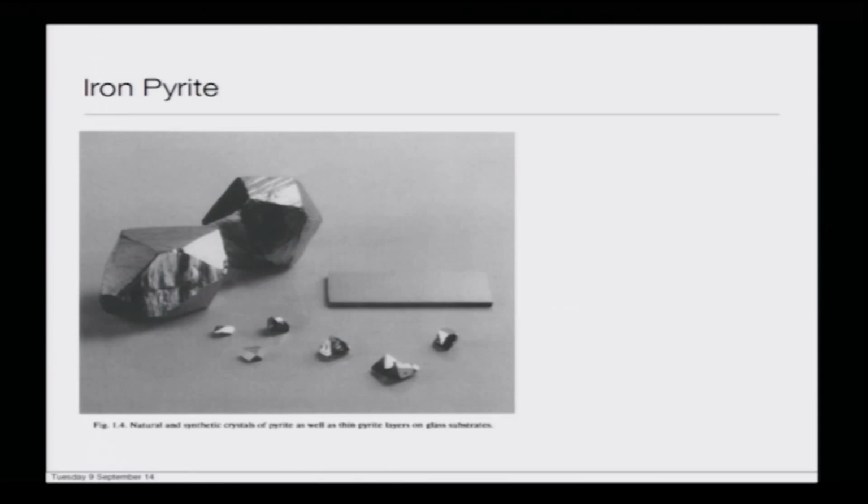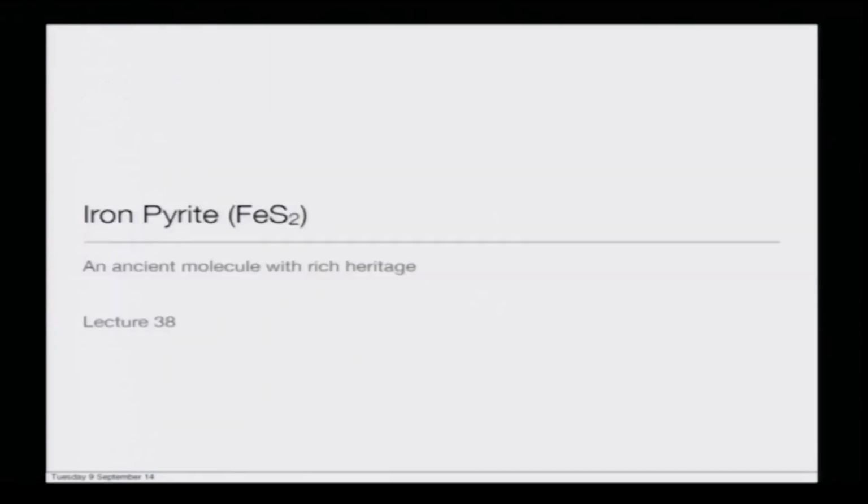Okay. So now here I will close, but before I close, I will leave something for you to think over, why I started this, an ancient molecule with rich heritage. It is indeed a very ancient molecule, and if we believe the iron-sulfur theory of evolution, then possibly this has remained an integral part of evolution itself.